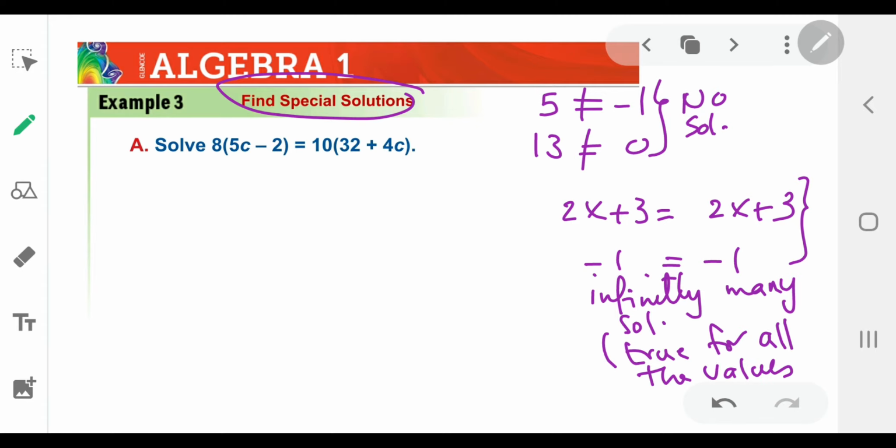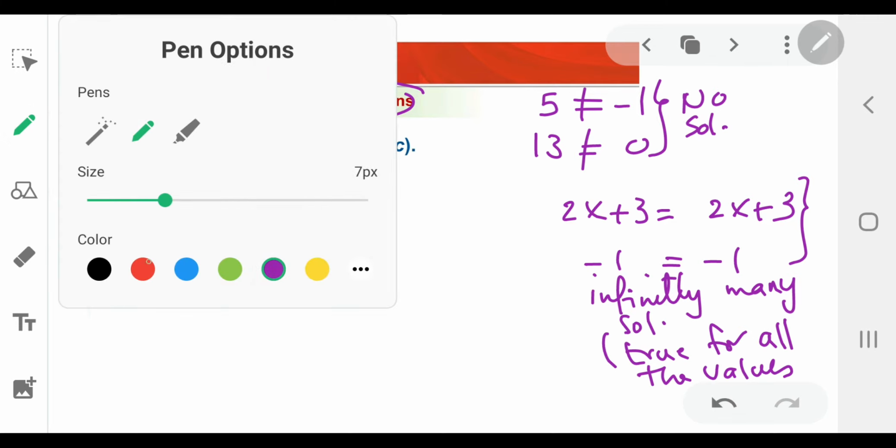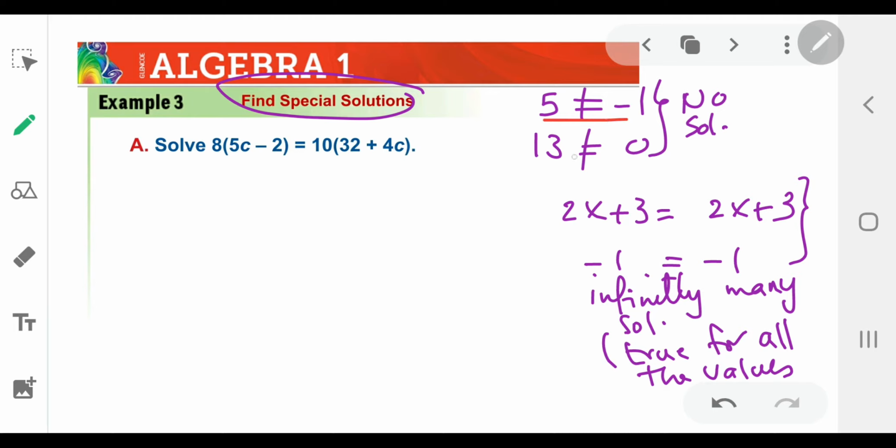So those are the two special solutions we have. Either you have two sides which are completely not equal, ending up with two numbers that will never be equal, so you say it's no solution, this is the first case.